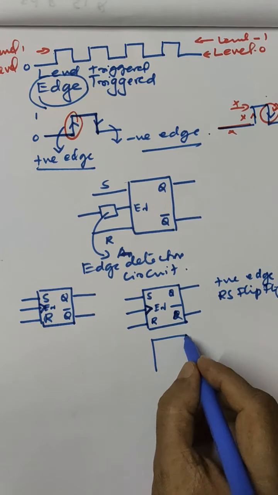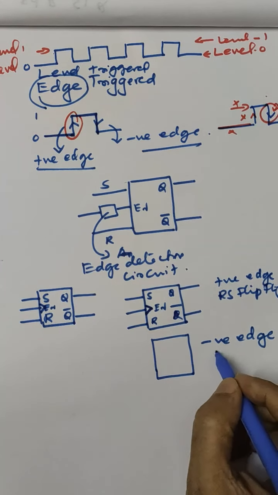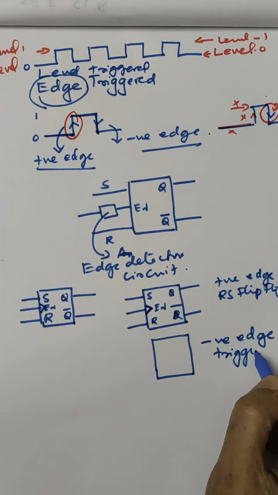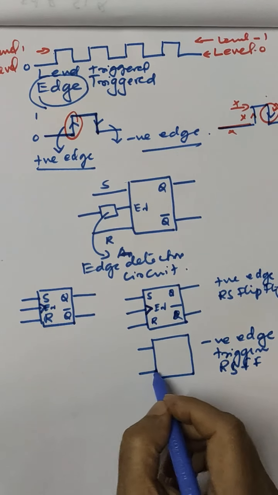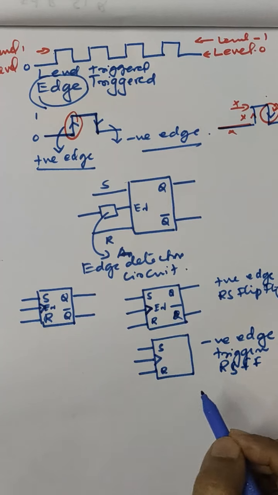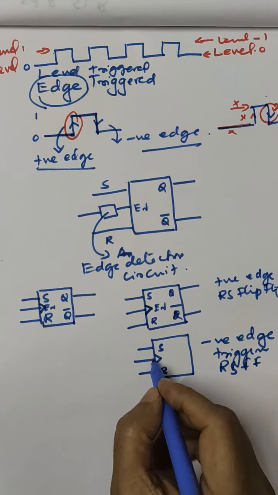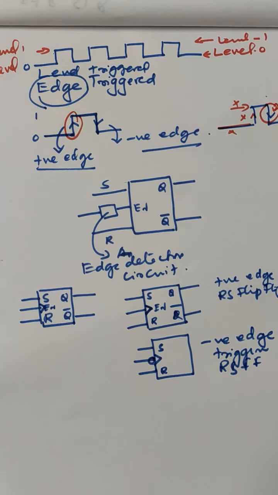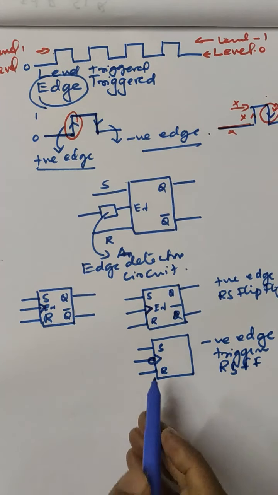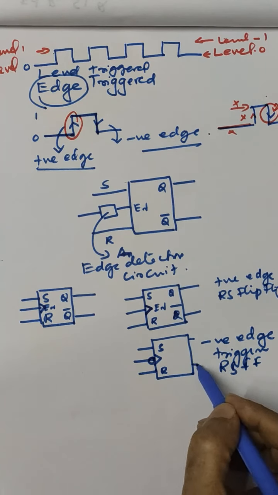Similarly, we can represent a negative edge triggered RS flip-flop as S and R. How will you represent it? All negative signals are represented with a bubble. So you can put a bubble. A bubble with an arrow represents a negative edge triggered RS flip-flop.